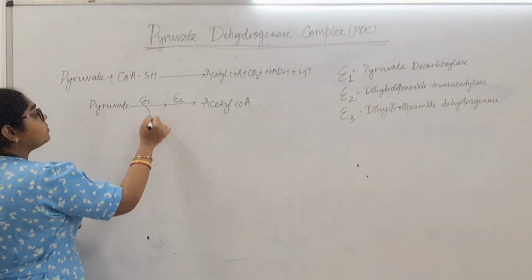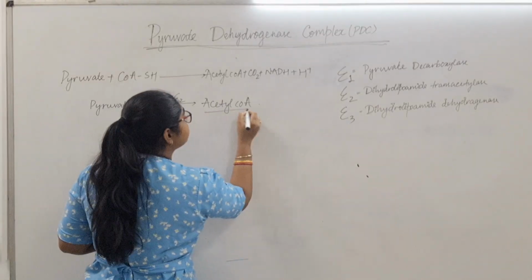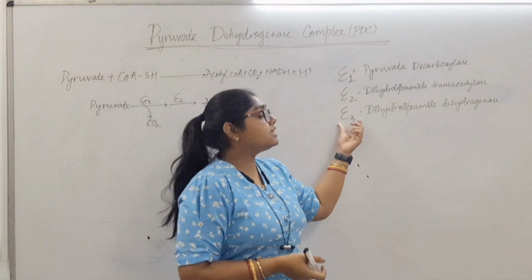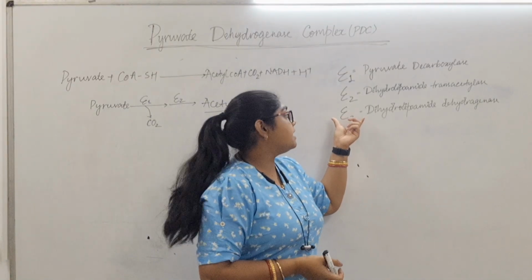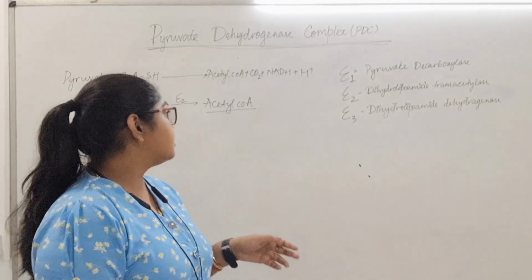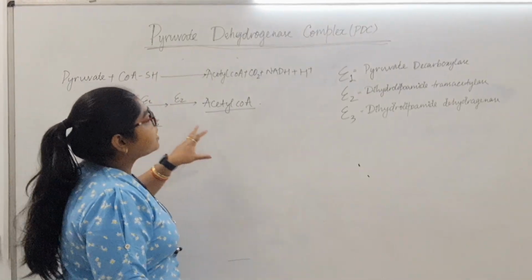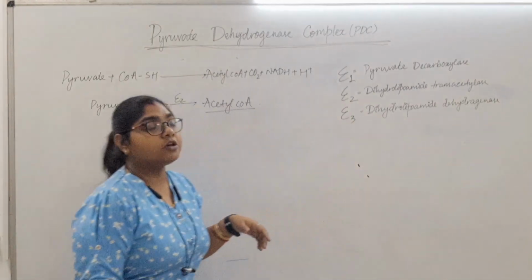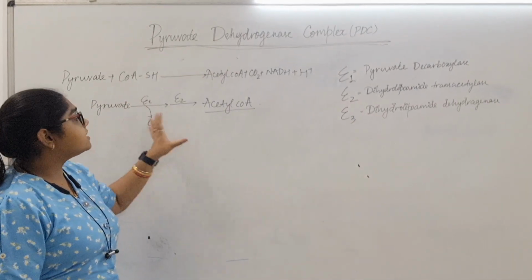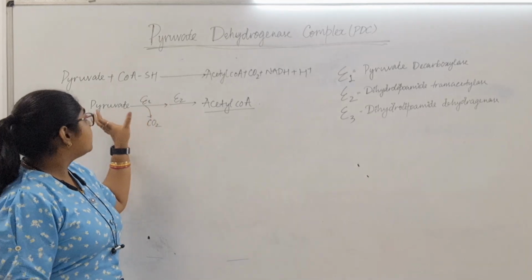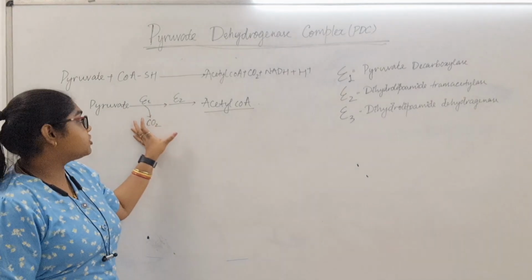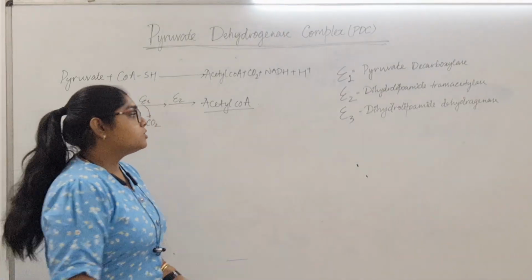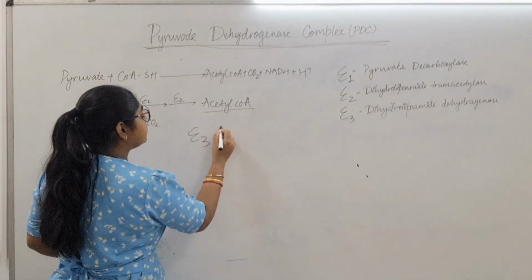So when we are taking E1 and E2 and we are already getting acetyl coenzyme A in the second step, then why do we need the E3 enzyme or E3 subunit for the process? So the question is, why do we need E3?